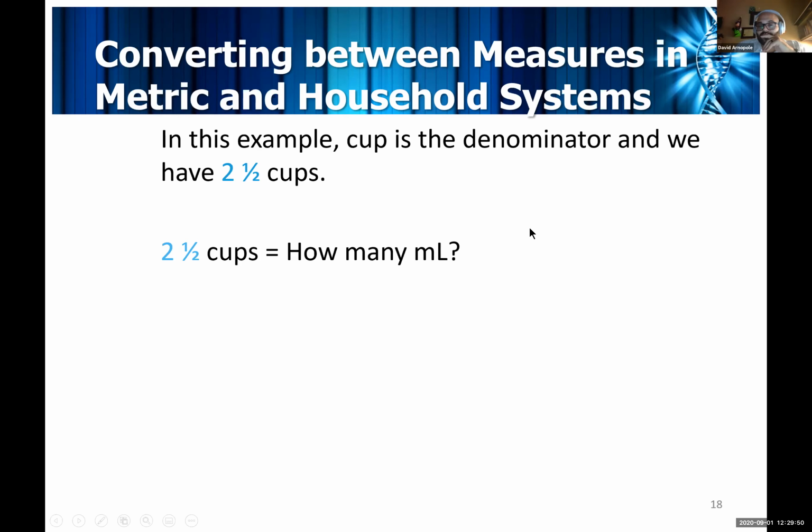So let's get started with this. X mLs, right? What do I have in the equation that deals with mLs? Nothing. You have to know a conversion. So tell me, what's the conversion?